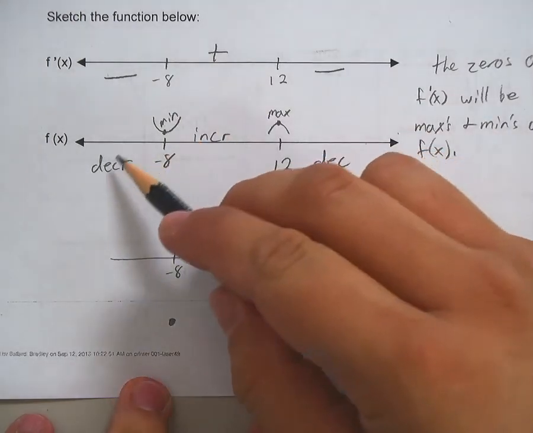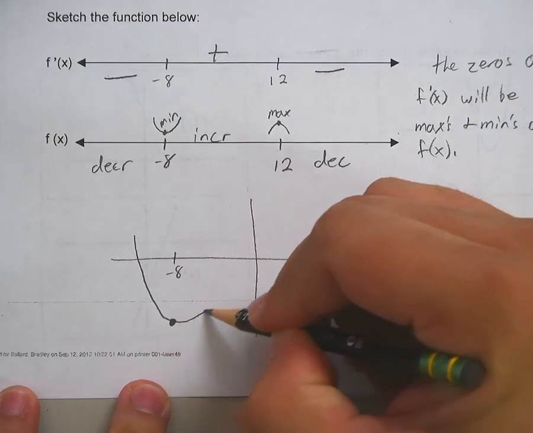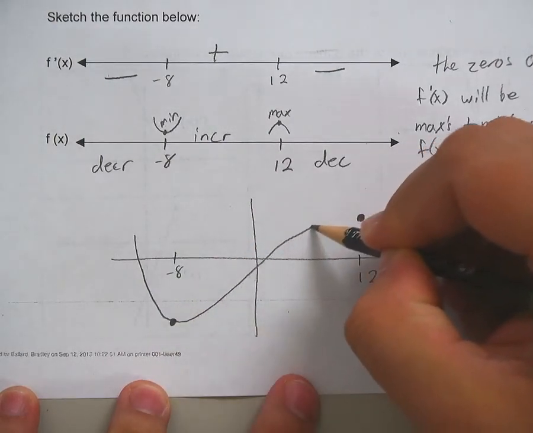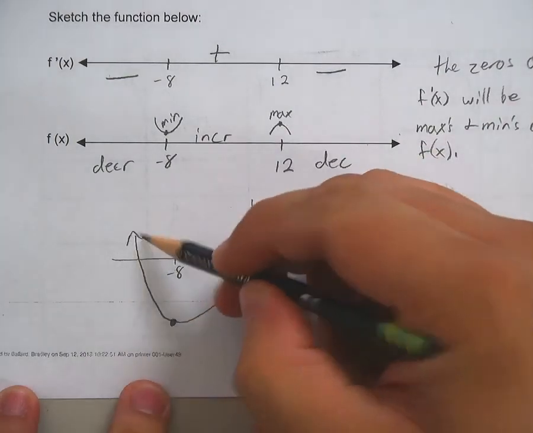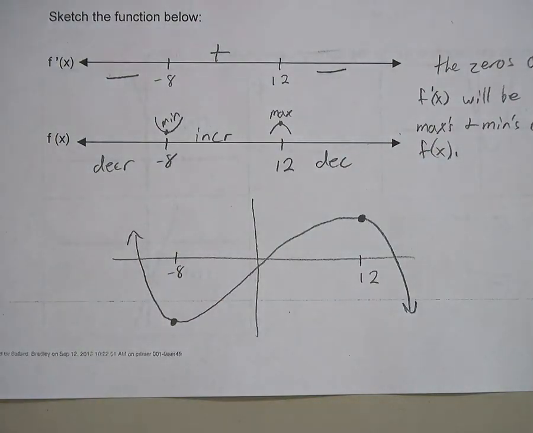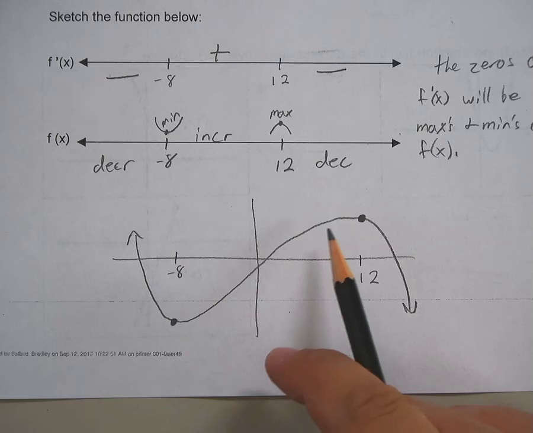And it changes from decreasing to increasing and increasing to decreasing. Notice there is no y scale here. It's okay. It's a sketch. There's no y scale, so it's just a sketch. So it goes from decreasing to increasing to decreasing.